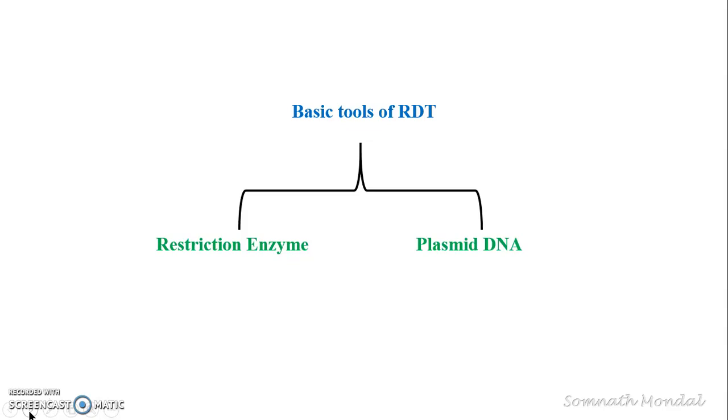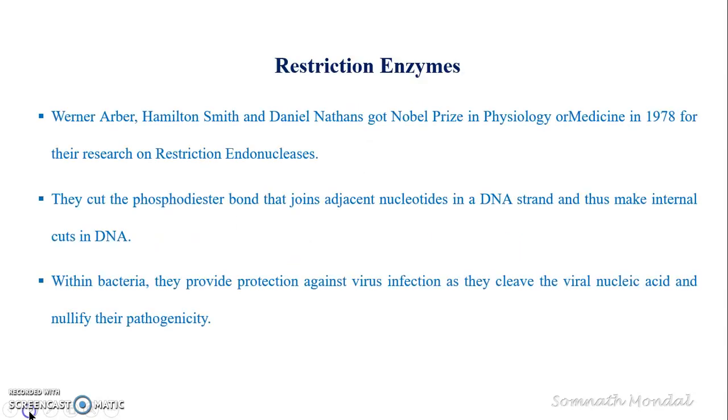Now, these two tools are restriction enzymes and plasmid DNA. Restriction enzymes were worked upon and discovered by Werner Arber, Hamilton Smith, and Daniel Nathans, and they got a Nobel Prize in Physiology in the year 1978 for their research on restriction endonucleases.